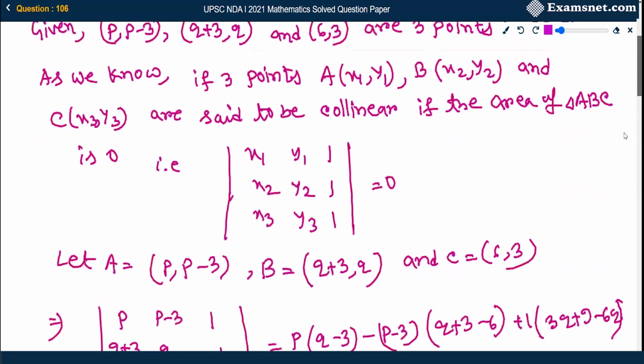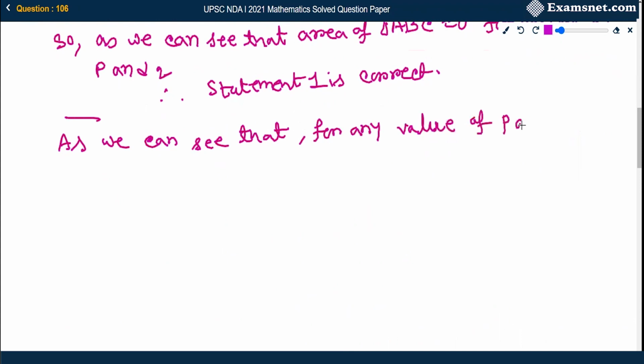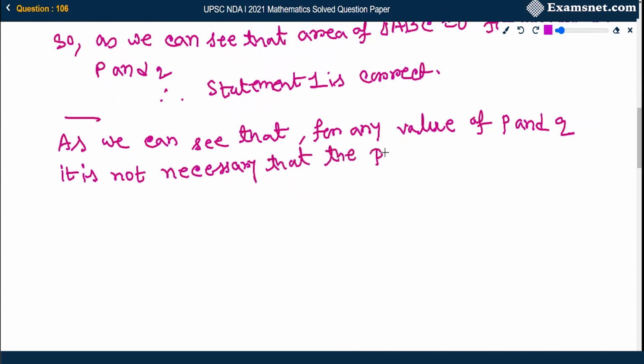As we can see, for any value of p and q, it is not necessary that the points lie in the first quadrant.